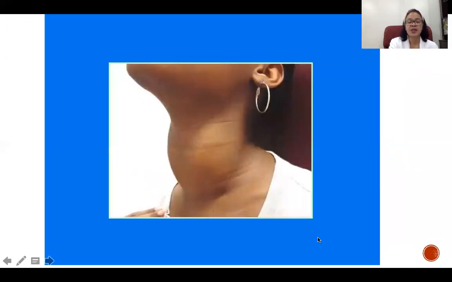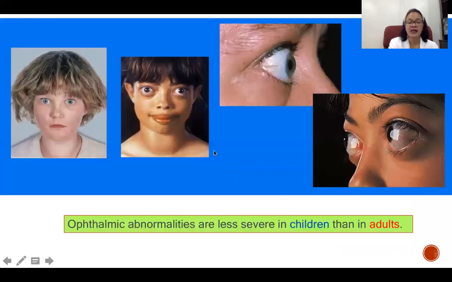So this is a person having the mass there, the goiter, and then these are the ophthalmic abnormalities, although as you can see here, they are less severe in children compared to adults.